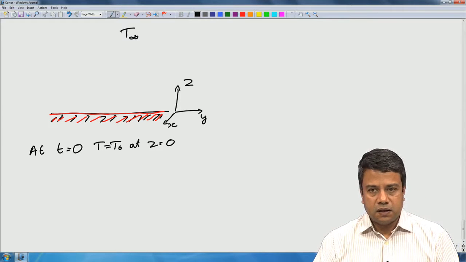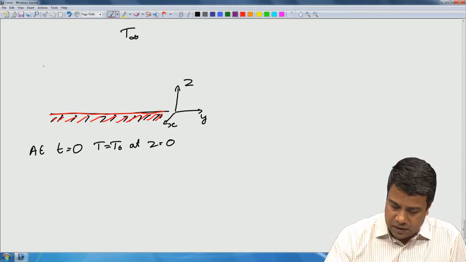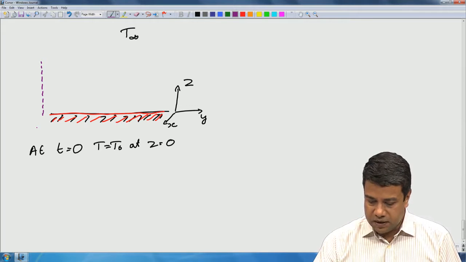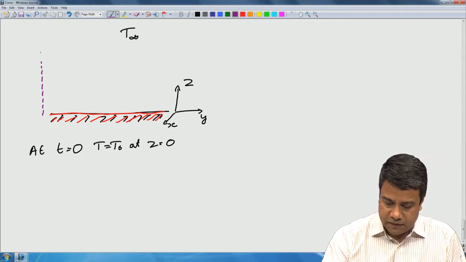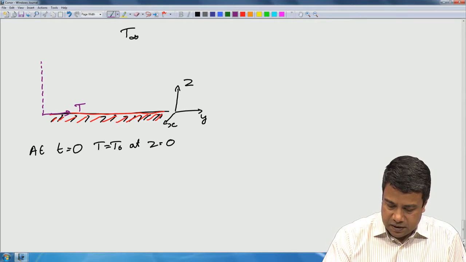If you look at the temperature profile as a function of position, as I said, there is no variation in the x and y direction. Initially everything is at T infinity. If I take this as the temperature axis, everything is at the temperature T infinity.